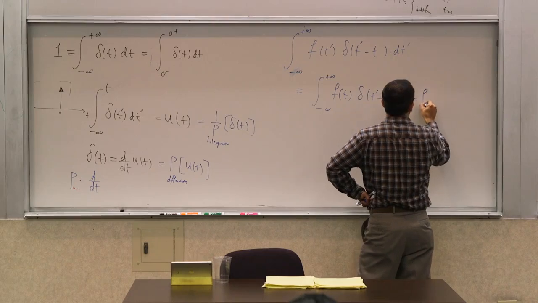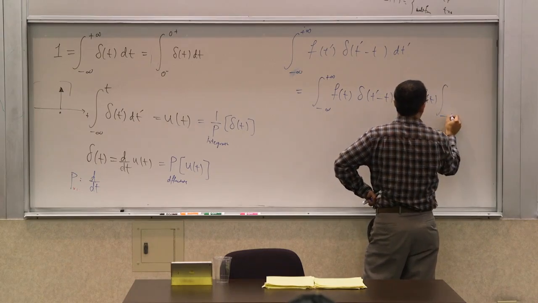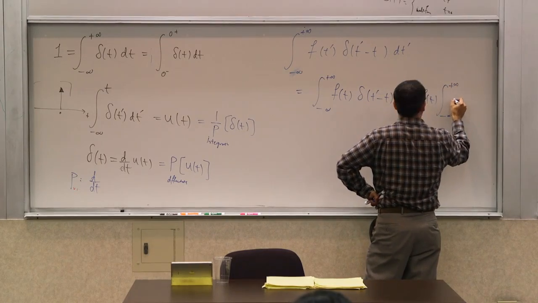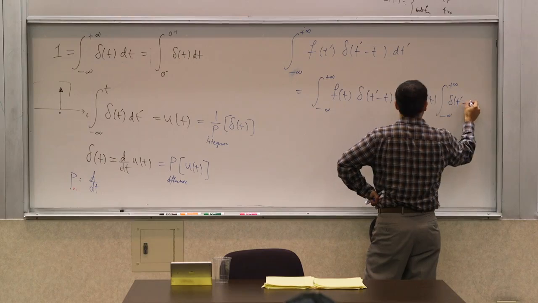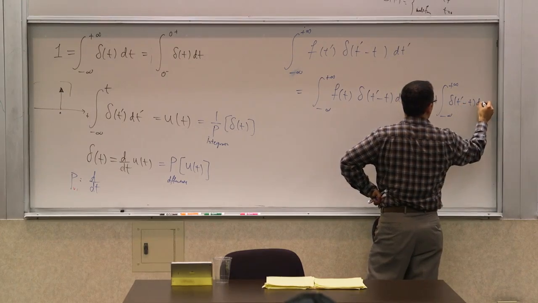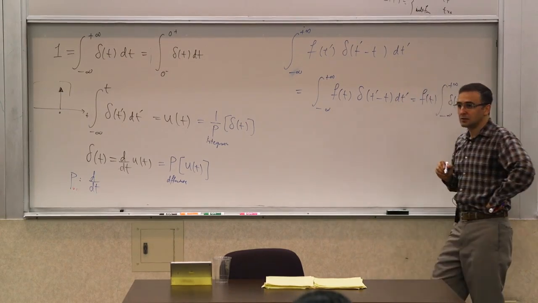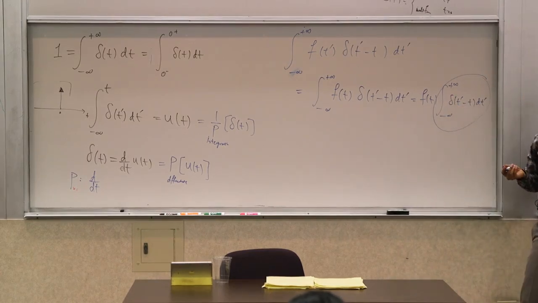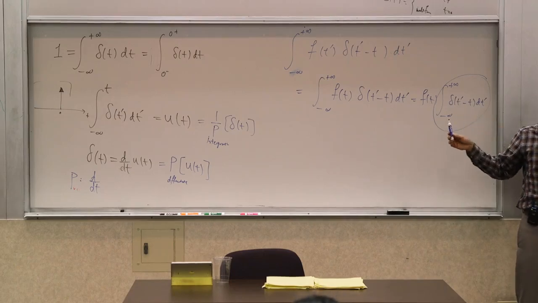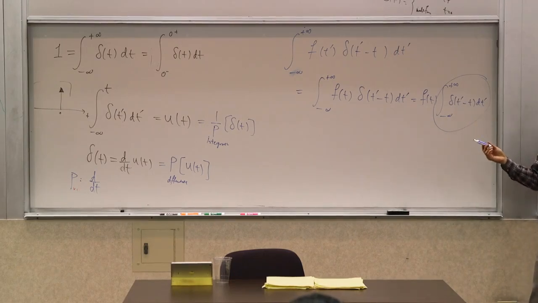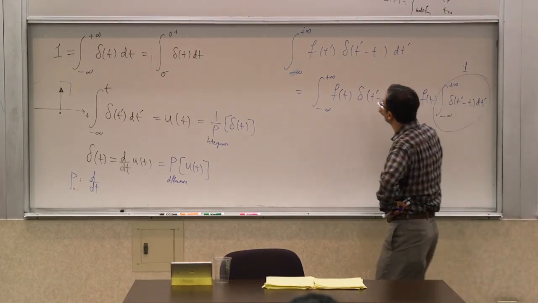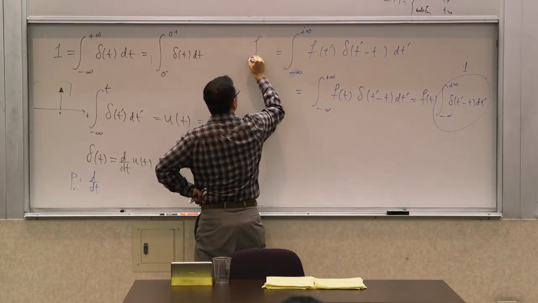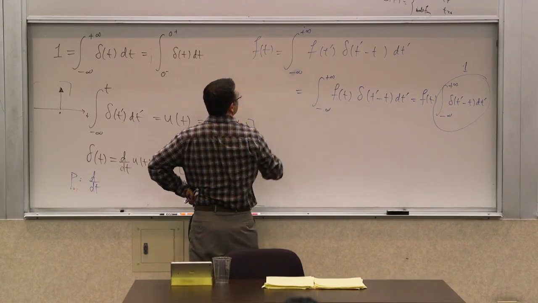So I get f of t times the integral from negative infinity to positive infinity of delta of t prime minus t dt prime. What is this integral now? It's 1. It's the area under an impulse at some point along that line, at point t. So this is basically f of t.